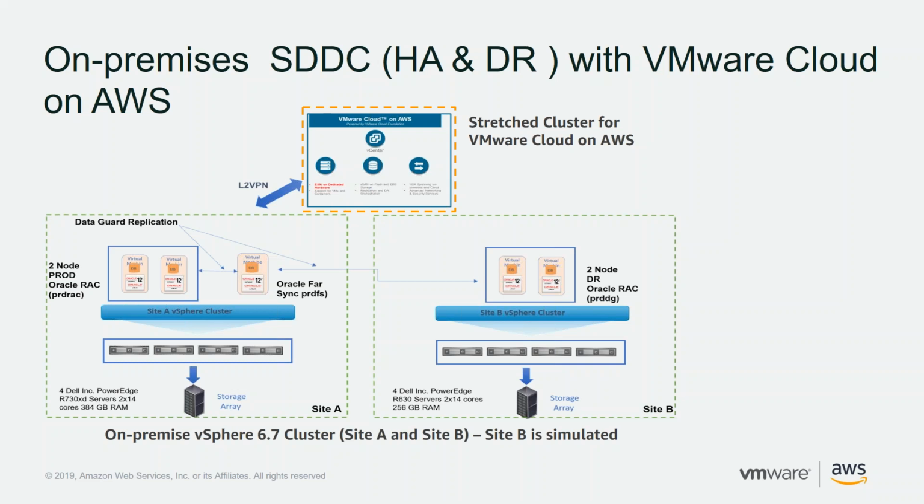So what we need to do is add new eager zeroed thick VMDKs with multi-writer, the same size as the lazy zeroed thick VMDKs, to VM1. We start up VM1, use the Oracle ASM rebalance to add and drop ASM devices, then go ahead and drop VM1's lazy zeroed thick VMDKs, the older ones. And then on VM2, we add the new eager zeroed thick VMDKs with the multi-writer at the same SCSI position and start the Oracle RAC up.